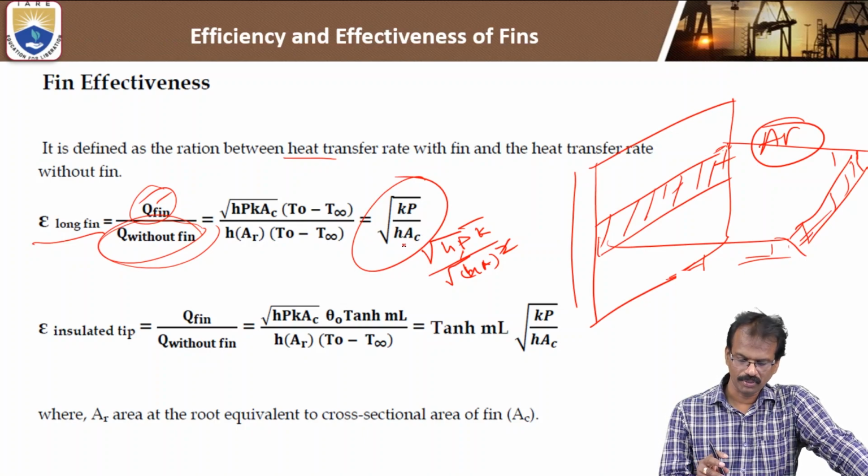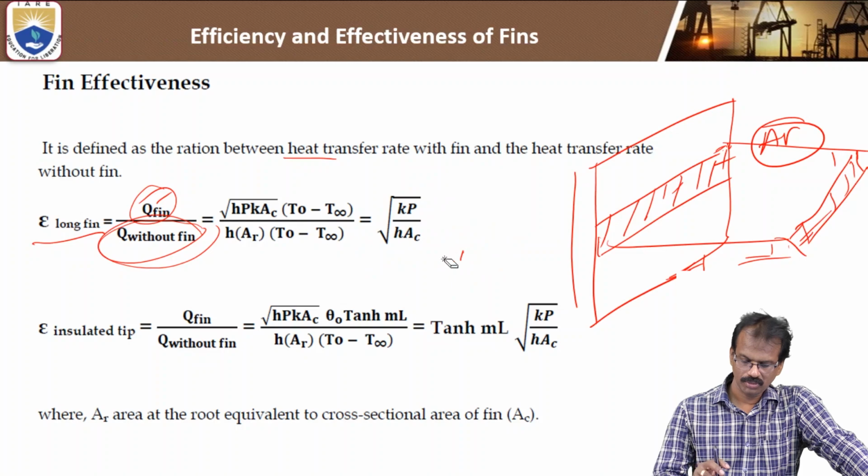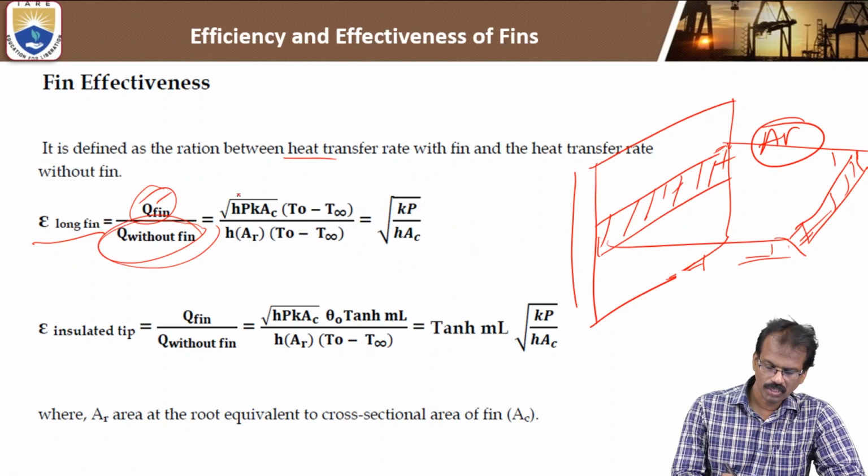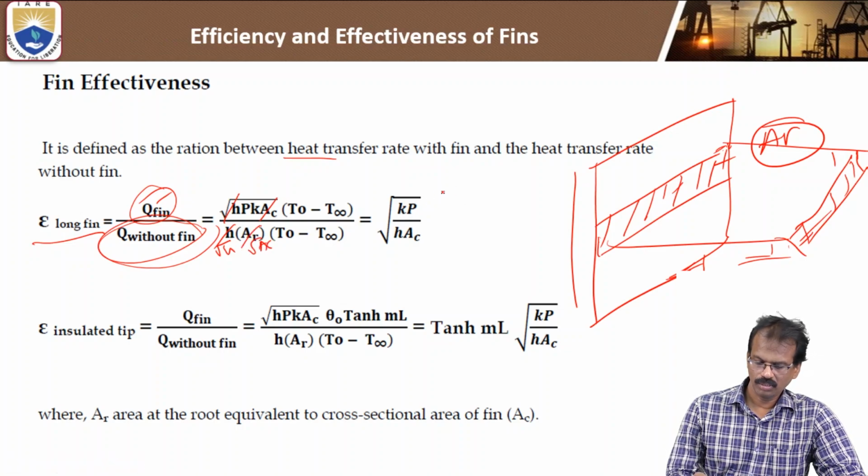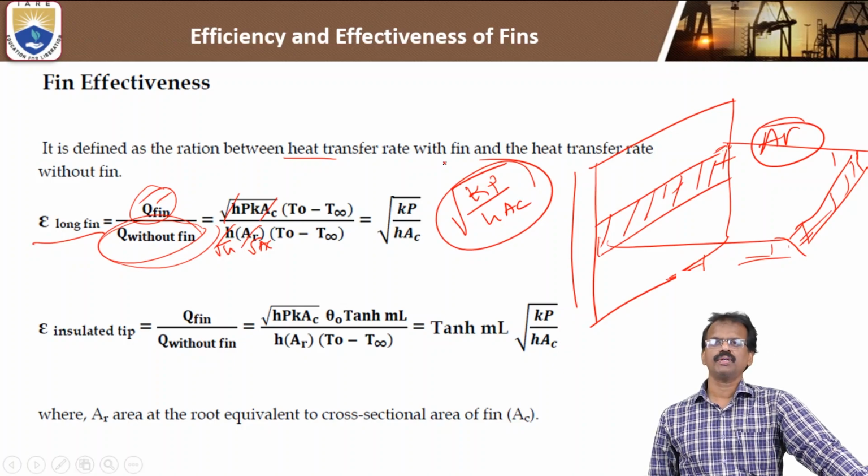Root h will be cancelled with root h, root A_C is cancelled with root A_C. So the value is equal to under root of Pk by hA_C. So this is the formula.